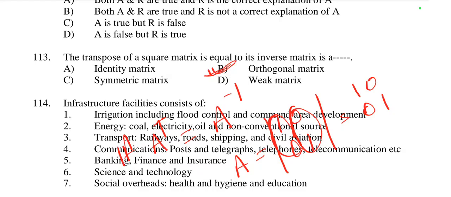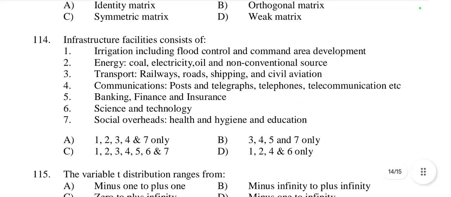The matrix value is 1 0 0 1, and its transpose value is also 1 0 0 1. Then the inverse value, adjoint A by A inverse, is also 1 0 0 1. So when the value of transpose and inverse are equal, it is called orthogonal matrix. So here option B is the right option.